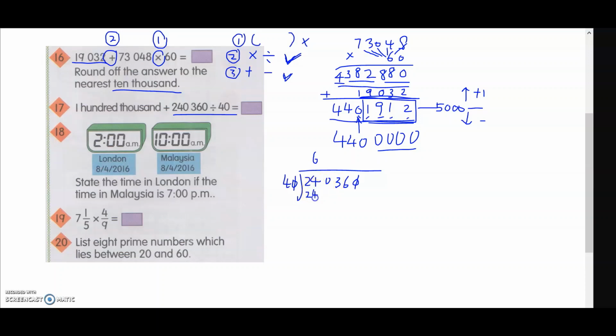6 times 4, 24. Bring down the 0, 0. Bring down the 3, 0. Balance 36. This is 9, 4, 36. So the end. There's no more 0. We already crossed the 0. So you get 6,009.